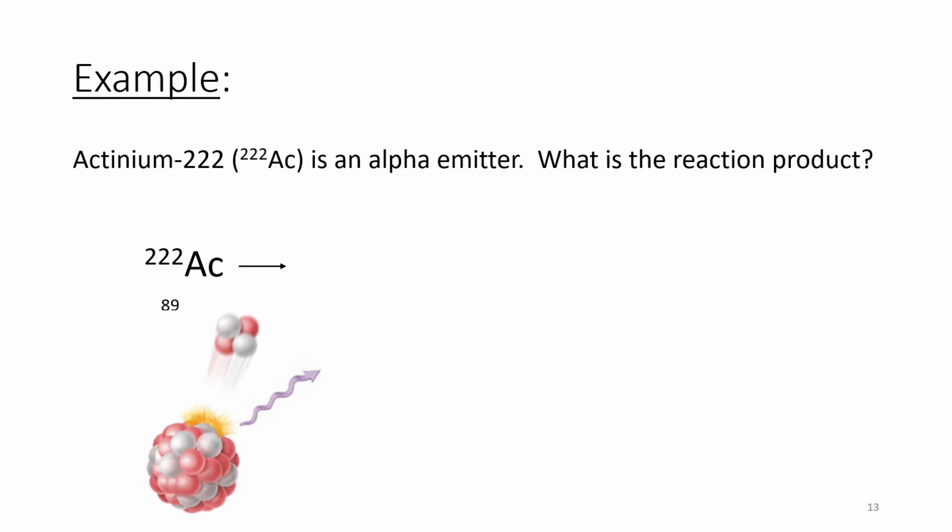Here's another example of an alpha emitter. We have actinium-222. We want to know what the reaction product is after it undergoes alpha emission. So again, the first thing we do is write down our alpha particle, which is helium 4,2. Then we determine our new mass number.